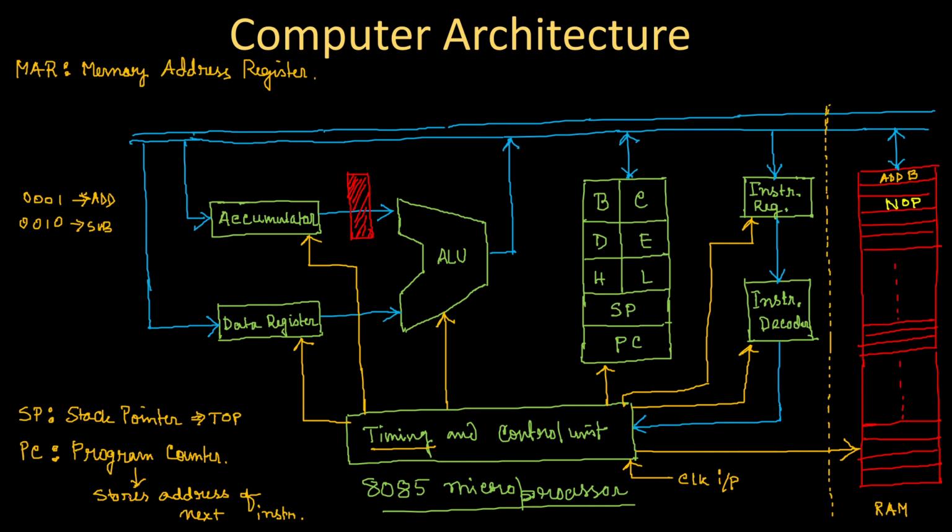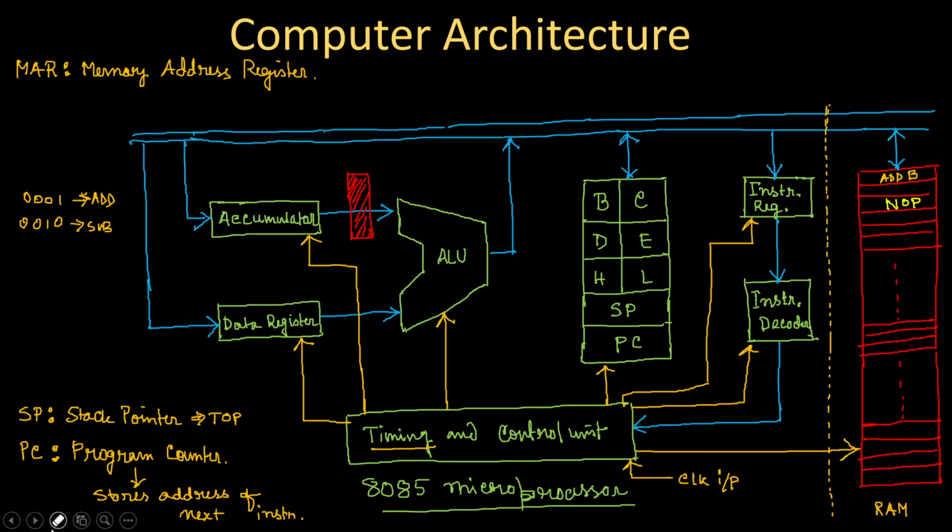And let's draw this line correctly. I'm sorry. Okay, it's not possible to remove this. So what we can do, we can draw a multiplexer over here. So there are two different ways, because you don't know in which path it will come.